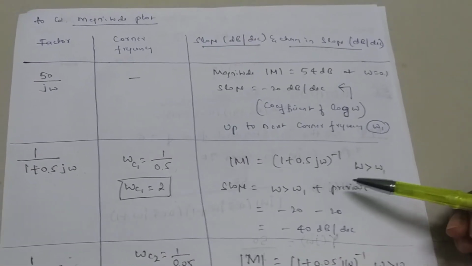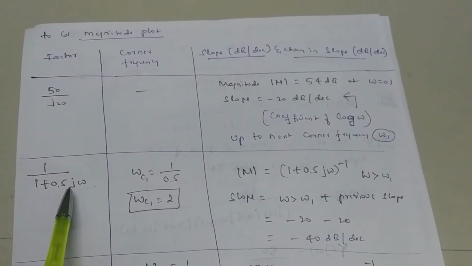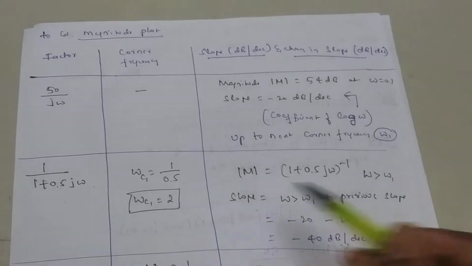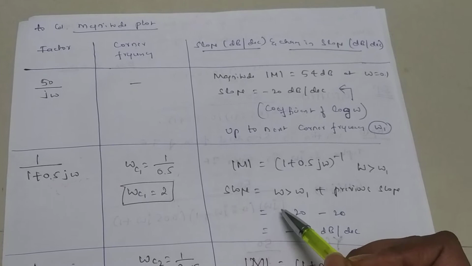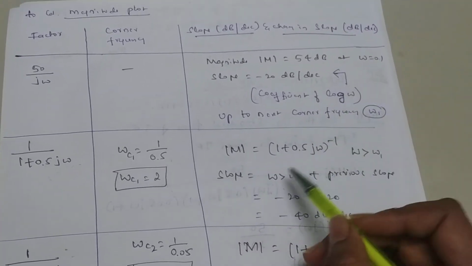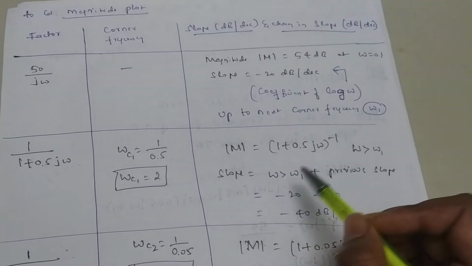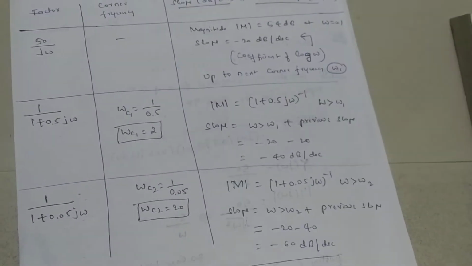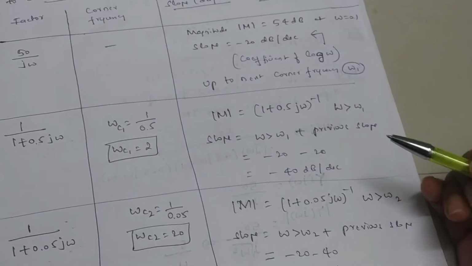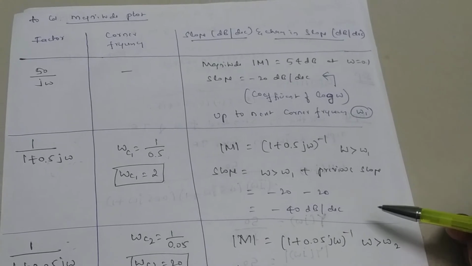Similarly, we need to find out the change in slope value, that is 1 plus 0.5 j omega whole inverse. The omega value is 0.1, which is less than omega c1. So we add the previous slope, that is the intersection of the Bode plot with the dB axis, which means initial slope plus 20 log of omega value.